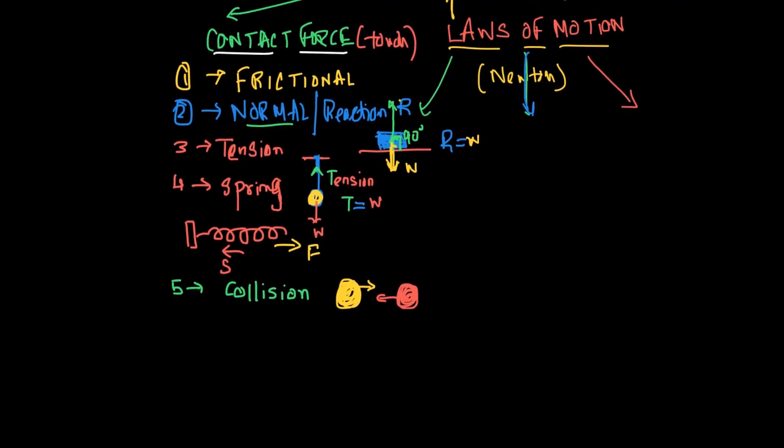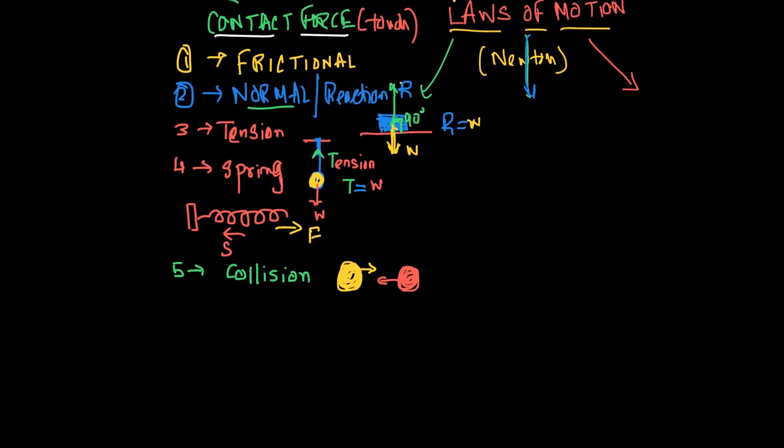Each one of them will give a force towards one another. If I now make them hit each other, this is going to hit this side and this is going to hit this side, and then they will go off.